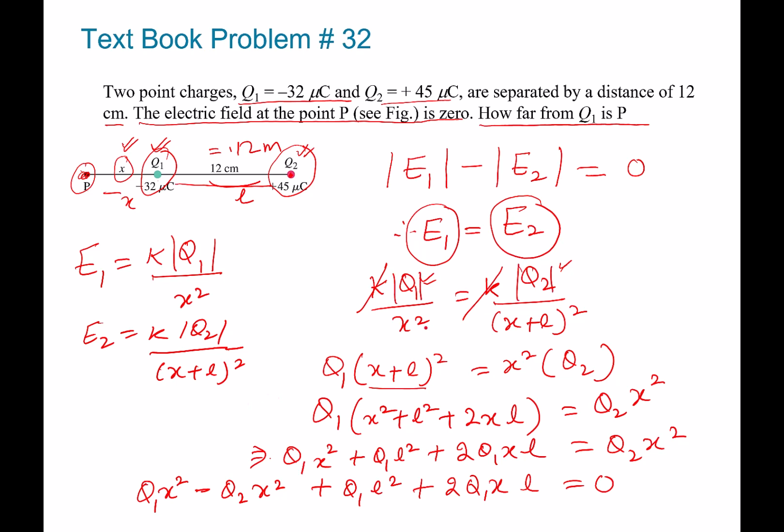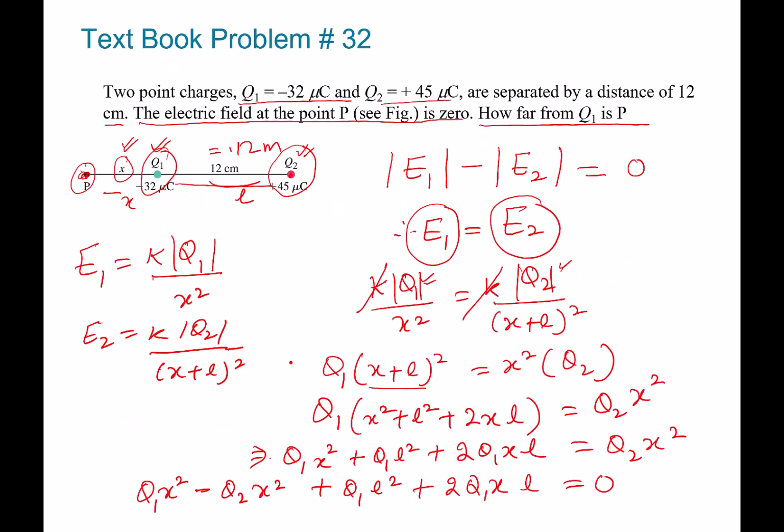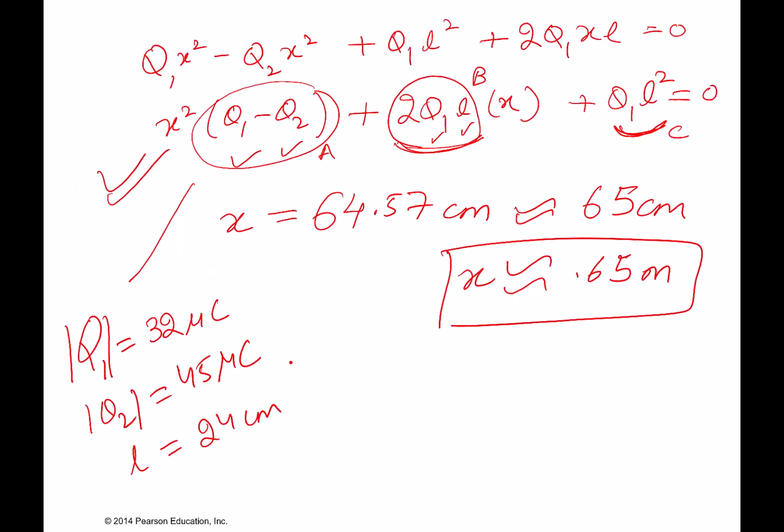Everywhere we're using magnitudes, so use Q1 as 32 microcoulombs and use Q2 as 45 microcoulombs. Your L is known as 12 centimeters. You can keep it in centimeters. The only other term that we don't know is X. That's what we are finding.